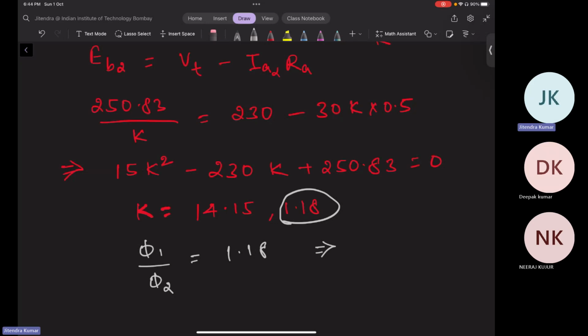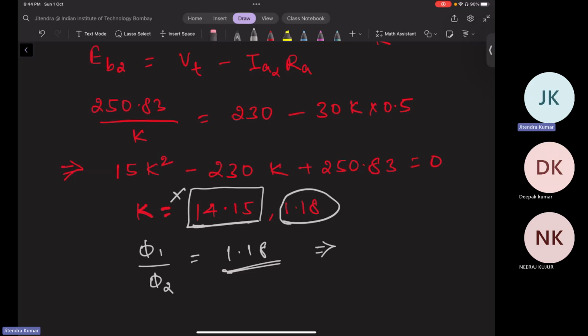Okay, 600 to 700. So 7 by 6 is approximately 1.16 times. So it is close to this value, 1.18. Then we can say that this value is valid. This value is also valid. You cannot simply discard it.